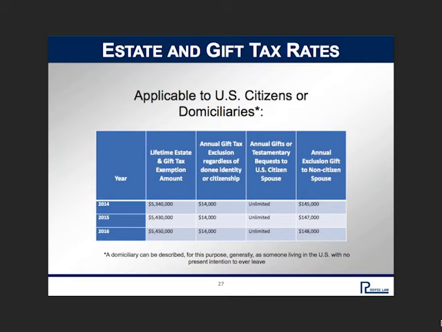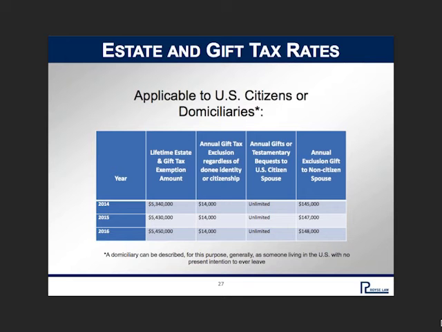So as you can see from the chart, for a U.S. citizen, and this is also applicable to anyone who is deemed to be a domiciliary, meaning anyone who has no plans to leave the U.S. ever, there is an exemption from the U.S. transfer tax, that's gift and estate taxes and the generation skipping transfer tax, incidentally, of just short of $5.5 million currently.